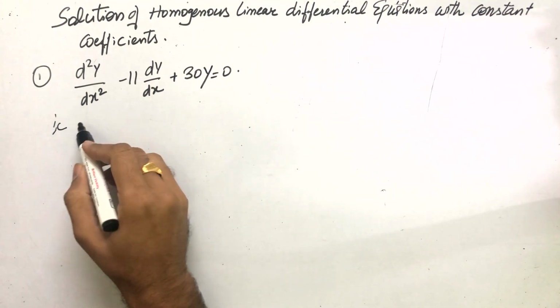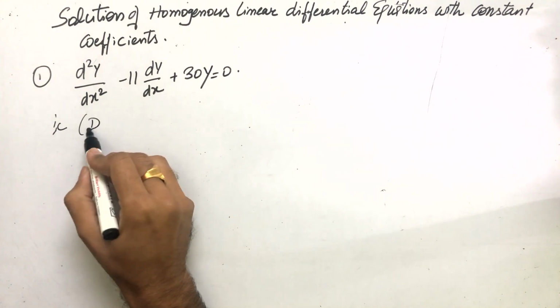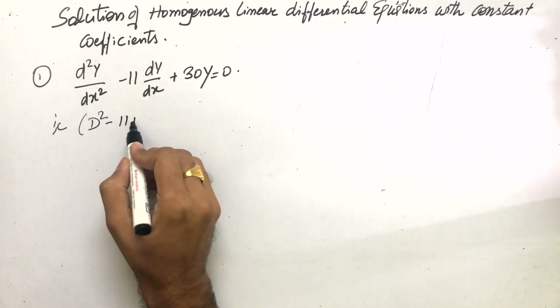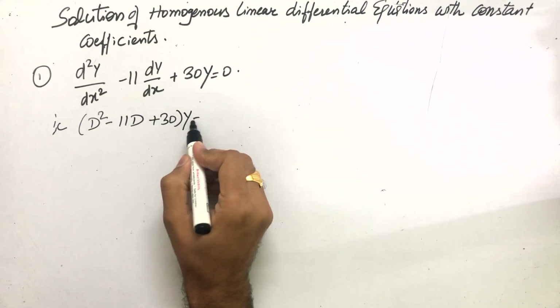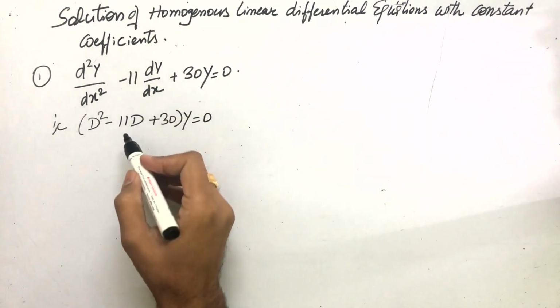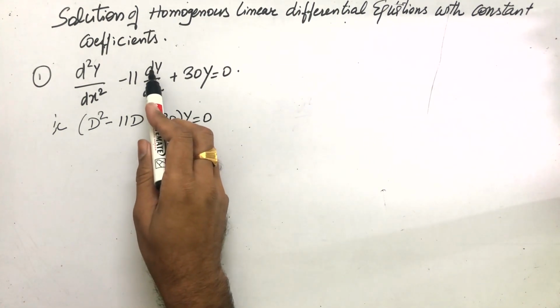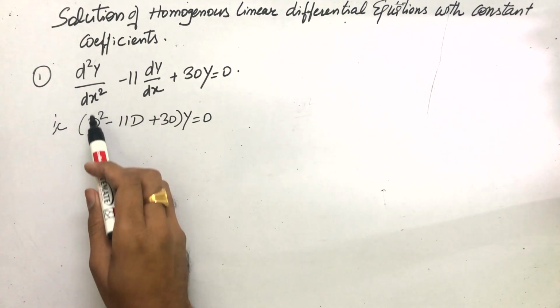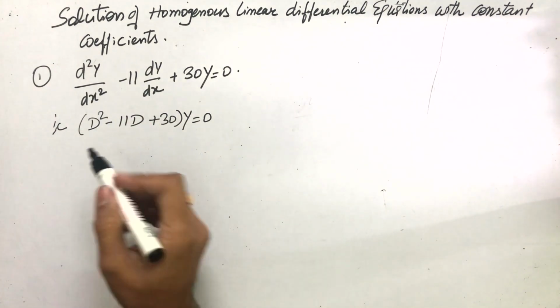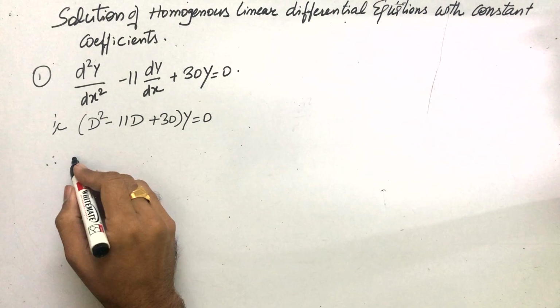That is, this may be written as capital D square minus 11D plus 30 times y is equal to 0. So we have transformed d by dx as capital D and d square by dx square as capital D square.